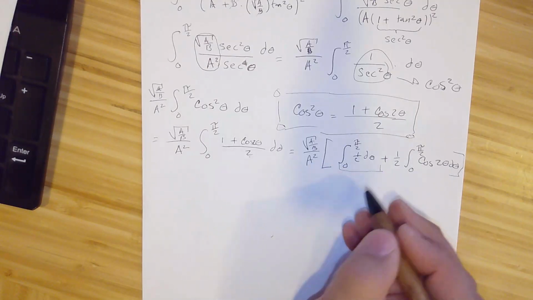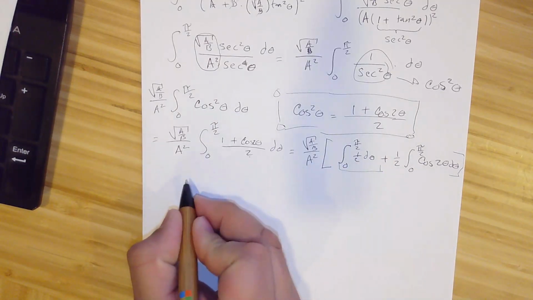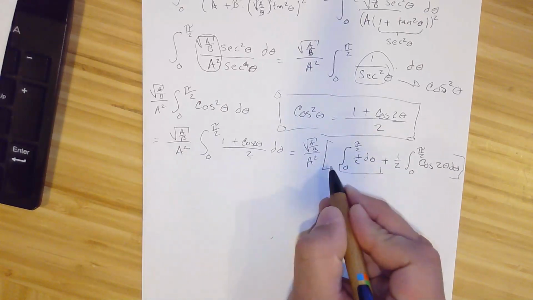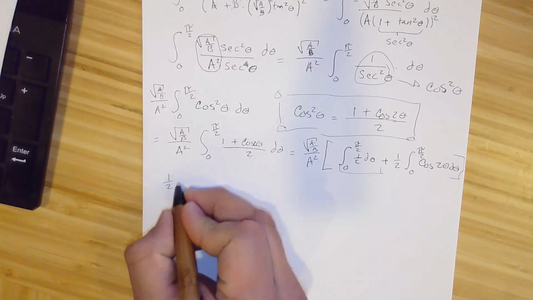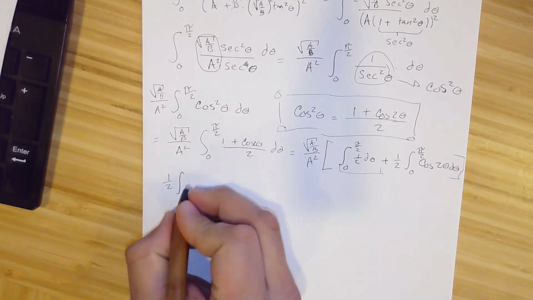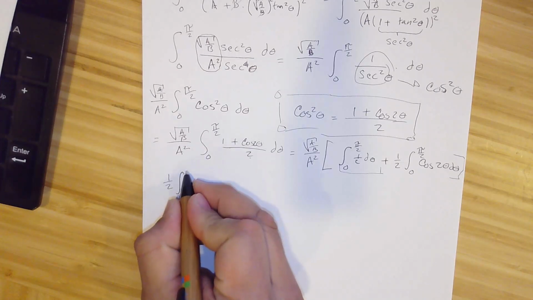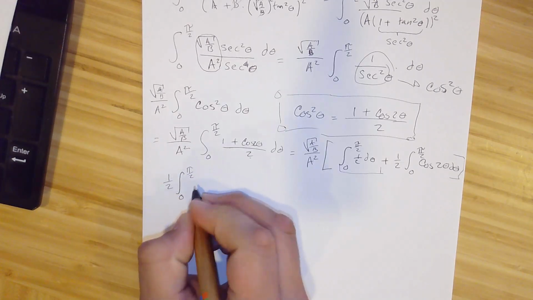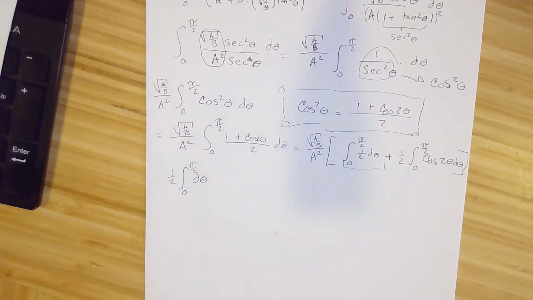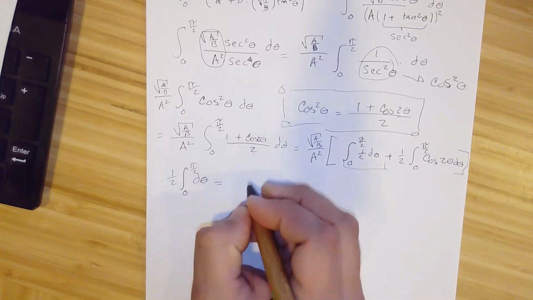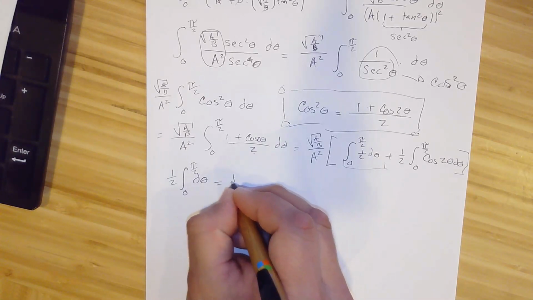Let's do this part first. So this is a constant. It will go outside. So we have 1/2 of the integral from 0 to pi over 2 of the derivative of theta, and that is an immediate solution.